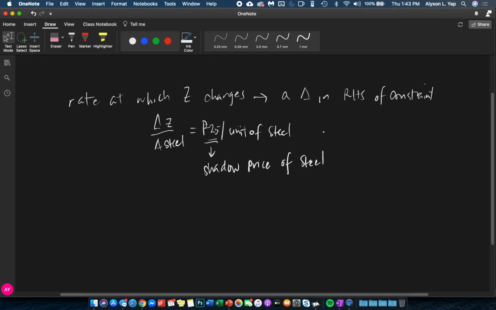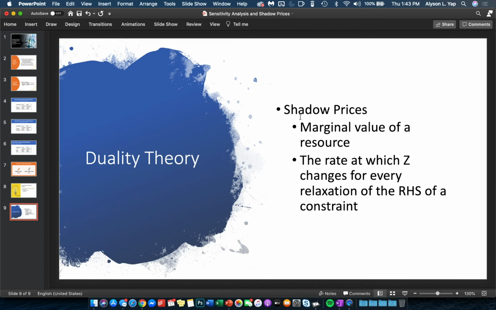And what does it mean for the shadow price of steel to be 25? It means that the marginal value of steel for ABC company in the red blue gadget problem is 25. What does it mean for it to be the marginal value? It is the value of steel to the ABC company when you add an additional unit of steel.